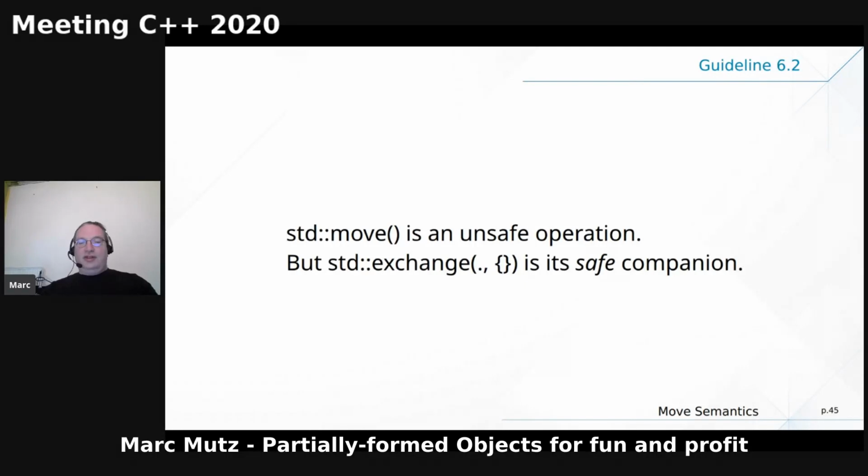So std::exchange is safe in the sense that it encapsulates the partially formed state. There are no moved-from objects visible after std::exchange has returned. And I get to choose the new value of the moved-from object. Here in this case, we have chosen it to be default constructed. And often this is roughly the same performance because the compiler can see through all these things and optimize everything.